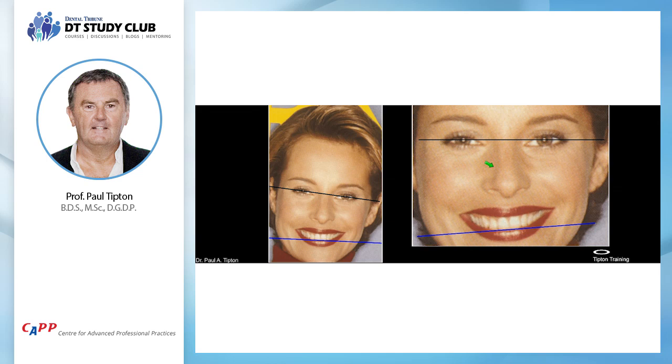I want symmetry between this side and this side. And if now my occlusal plane is parallel to the eyes, I'm going to show far more tooth on the left-hand side and far less tooth on the right-hand side. And this is all because we've got a facial cant.